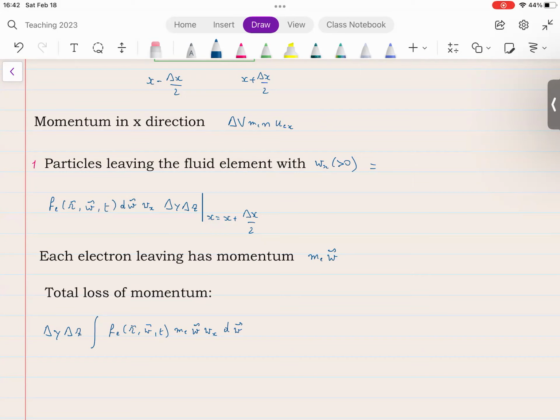But I'm going to integrate only on the particles of type 1, that is, the particles with wx larger than 0. Particles type 1.